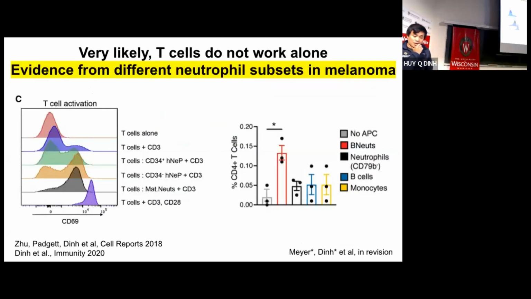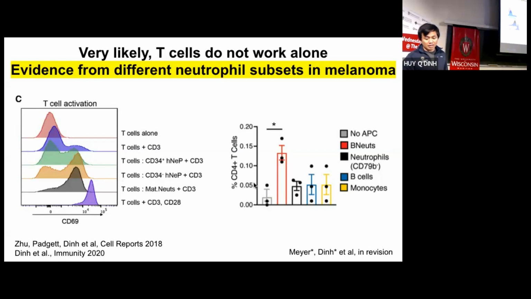So from our own experience, we also see it in an immune cell called neutrophils. This is work that we published where we discovered a subset of neutrophils which are pro-tumoral, meaning they suppress T cells. You can see they decrease the T cell activation marker, CD69 here, compared to the other subset.